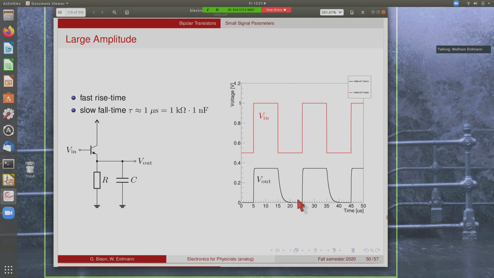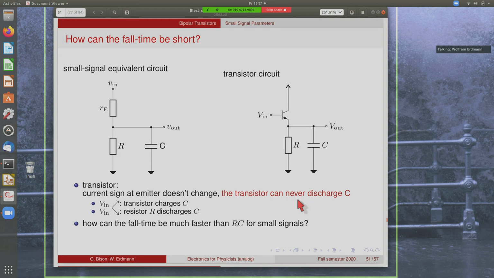Now, the thing that you might wonder about is why the signal can be so fast when the amplitude is small. After all, the current at the output of the transistor cannot change sign. This transistor can only send current in one direction, so it can only source current. It can never sink current.